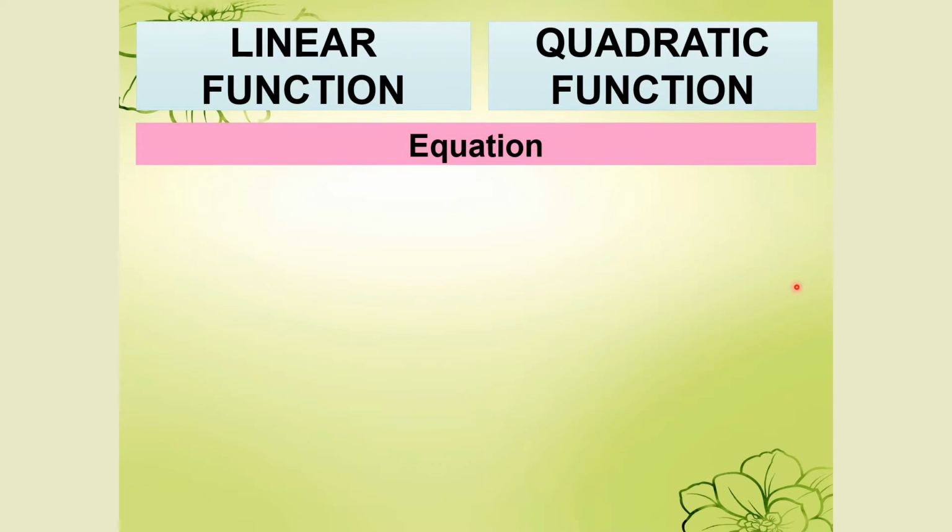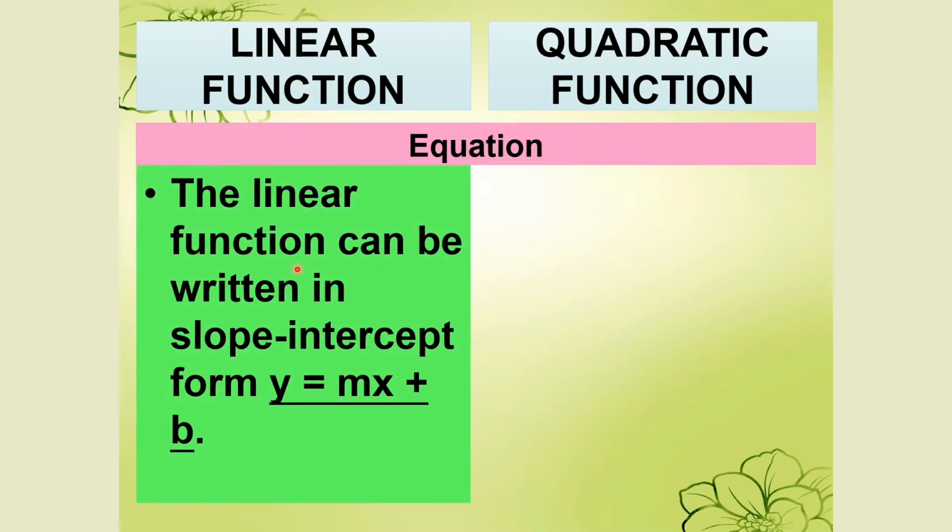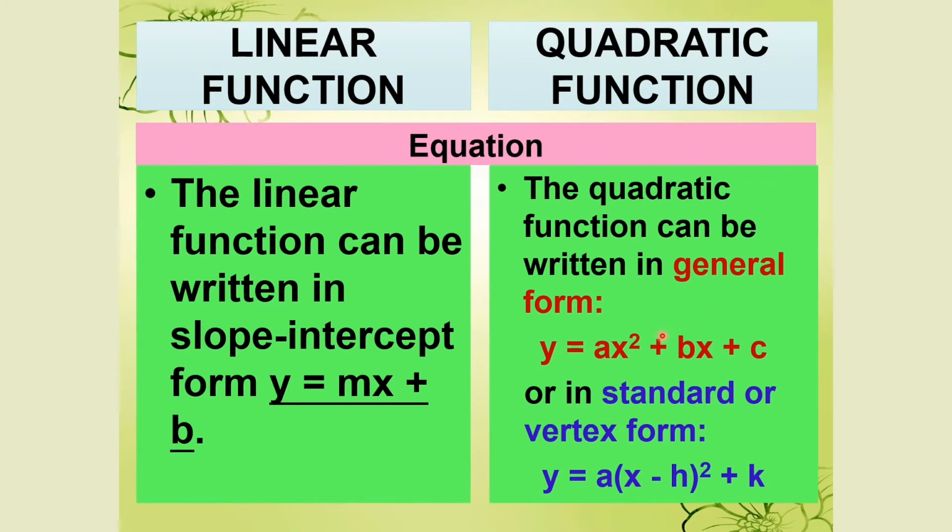Let's have the equation. The linear function can be written in the slope-intercept form, which is y equals mx plus b. The m is the slope and the intercept is b, the y-intercept. And actually, there are different forms of linear function that you learned in grade 8, but this is the common one. Next is the quadratic function.